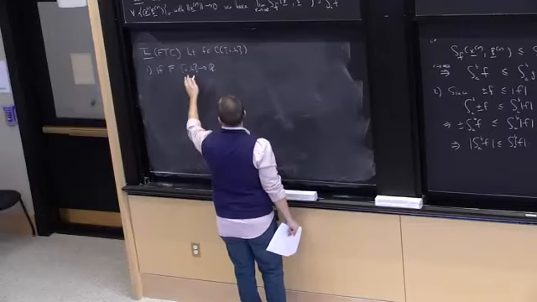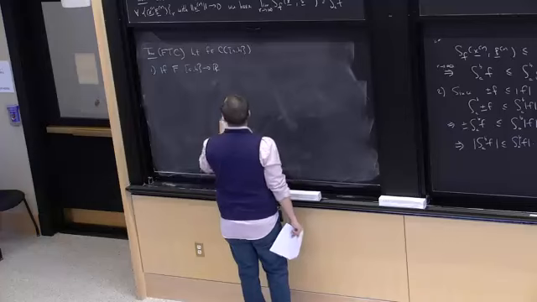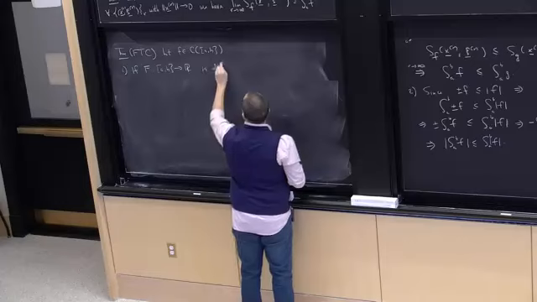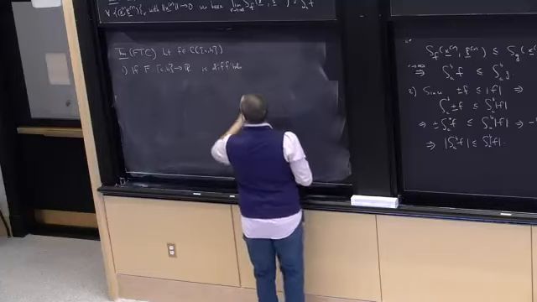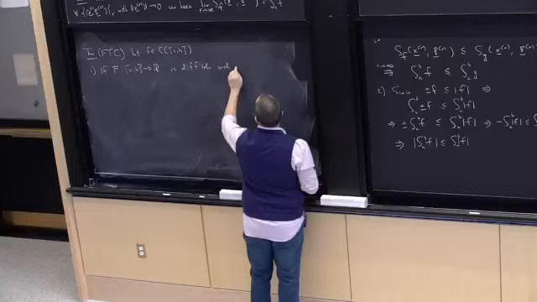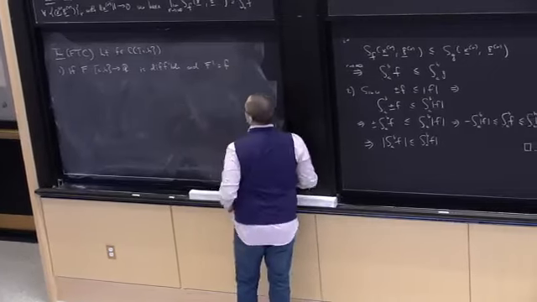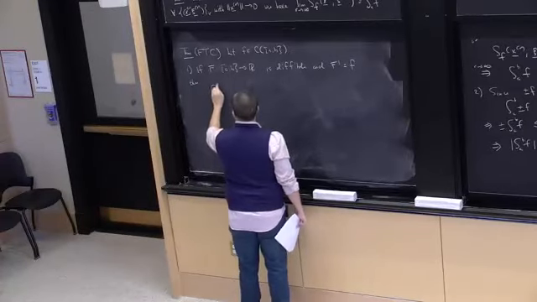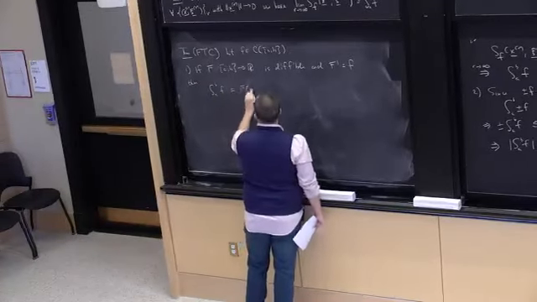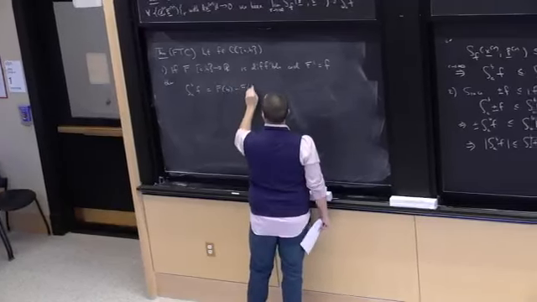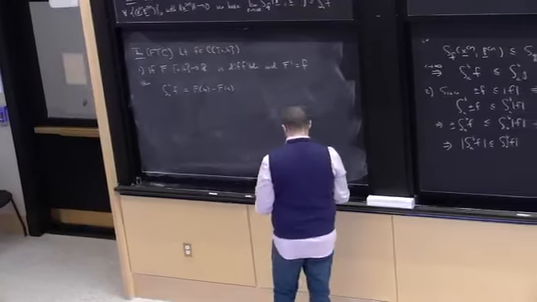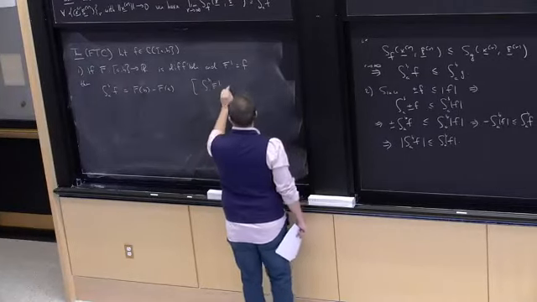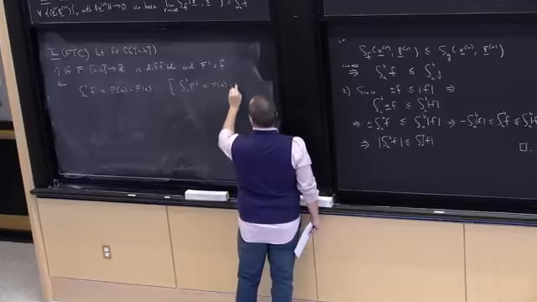If capital F, from [a,b] to R, is differentiable everywhere on [a,b], and F prime equals little f, then the integral from a to b of little f equals F of b minus F of a. Right? Another way of stating this is that the integral from a to b of capital F prime is equal to F of b minus F of a.